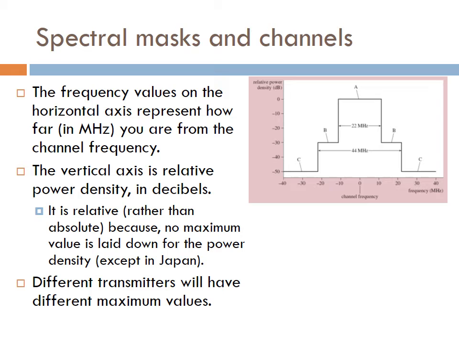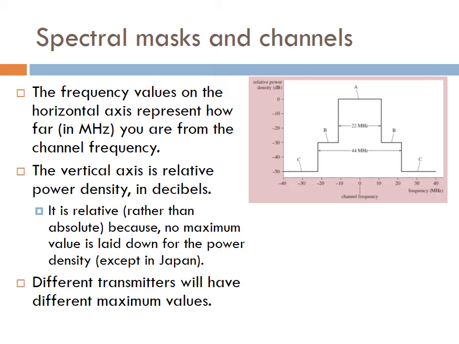The frequency values on the horizontal axis represent how far in megahertz you are from the channel frequency. The 0 on the x-axis refers to the channel frequency, and we are putting 0 because we don't have one channel frequency, but we have multiple ones. So to have a general representation of the spectral mask, the central frequency is represented by 0.